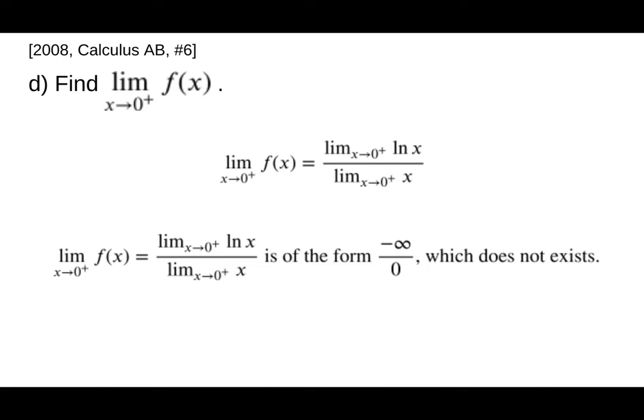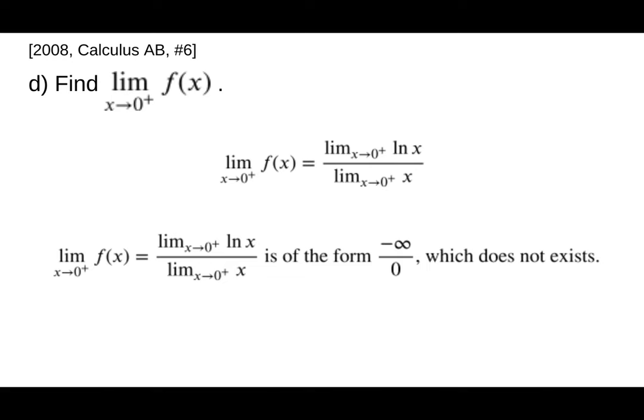So I chose "is of the form," which is sufficiently different than saying "is equal to," because I'm not stating its value. It doesn't have a value. It doesn't exist. But that is something that they do look for on free response questions where you have to find a limit. You could have a linkage error. It could be poor communication, which they might notice.